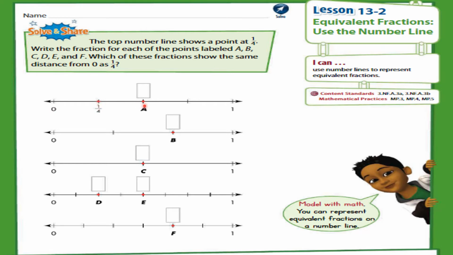So 1, 2, 3 and 4. Okay, so for the first part the fraction is given, it's 1/4. What will be the fraction for the second part?